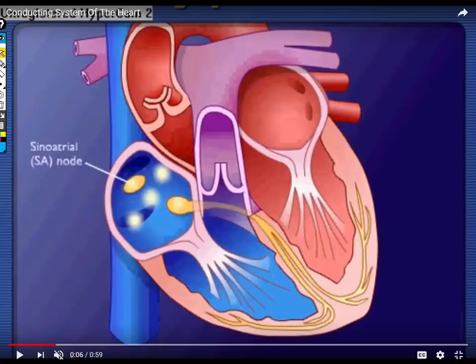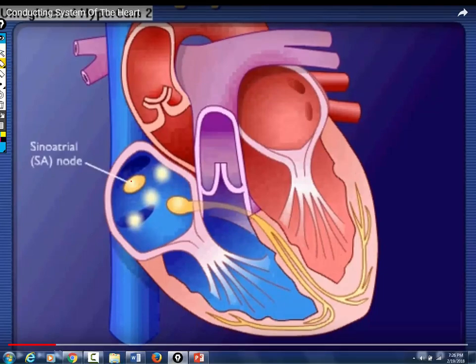So what I'm going to do is show you, and I'm going to kind of blow this up. Ready? I'm going to take a cell of the SA node and blow it up. You got me?